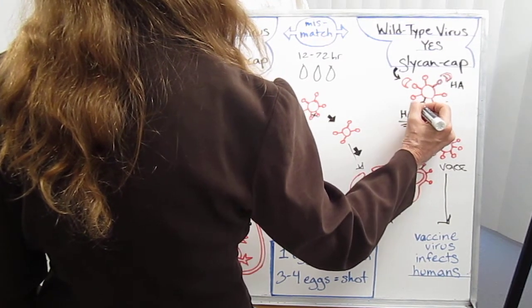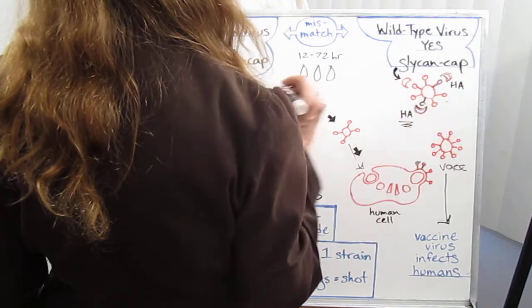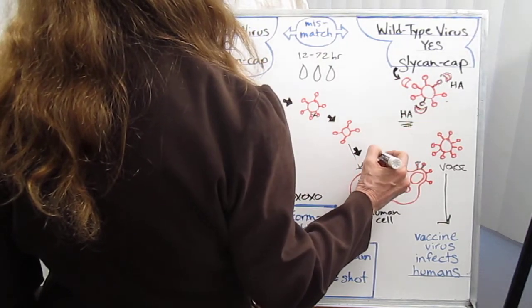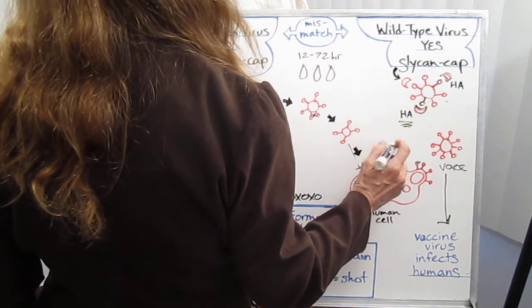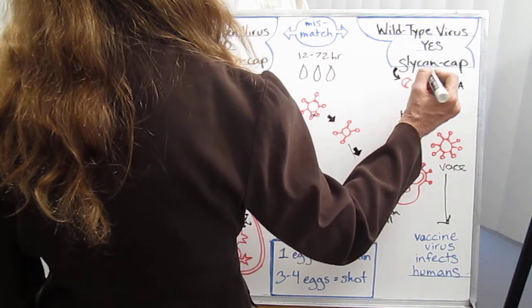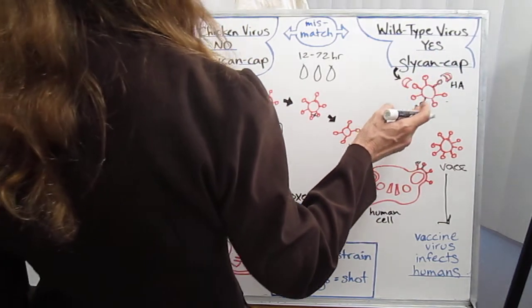These HA hemagglutinin projections that bind the virus to the cell to get in, it has a cap on it, so it will not bind in the same way that it did, and it makes it so it can completely evade any efforts we make to trick it.